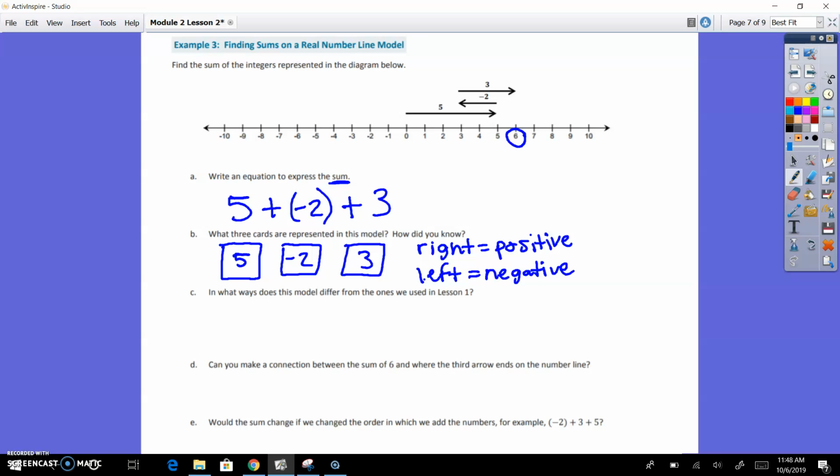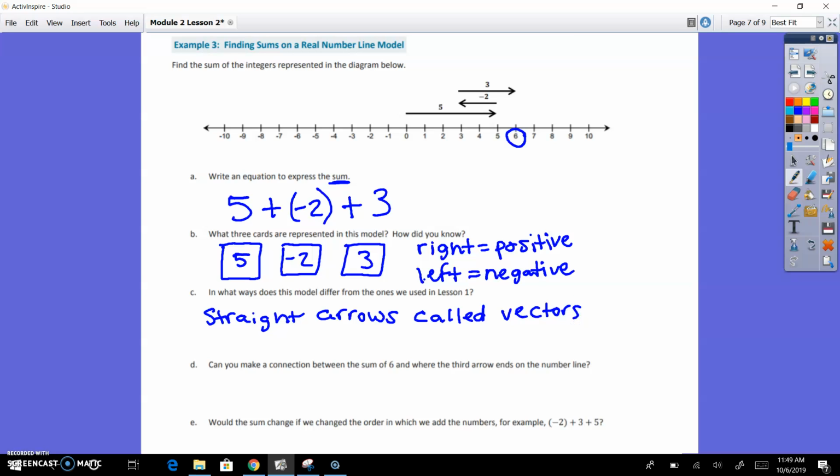In what ways does this model differ from the ones used in lesson 1? Straight arrows, called vectors, and that's what we called them at the beginning.